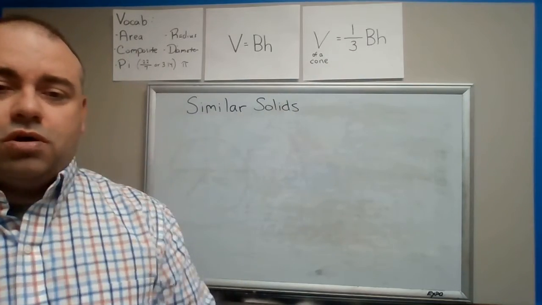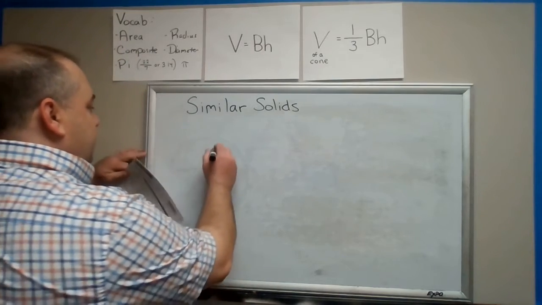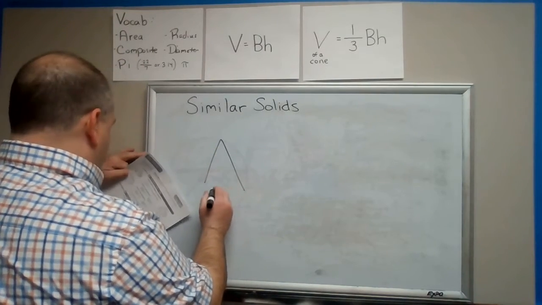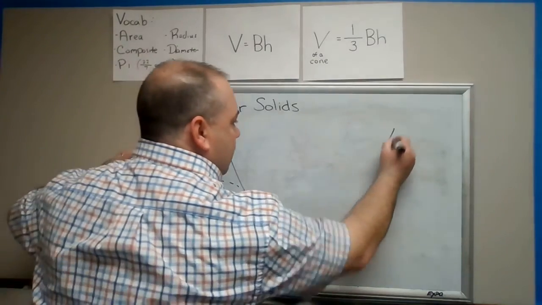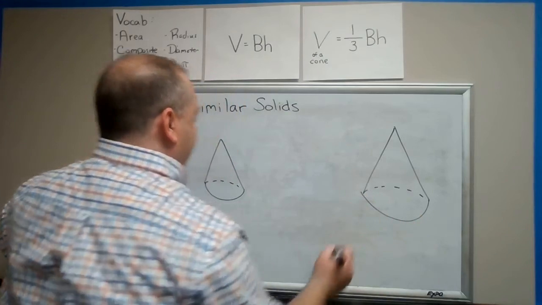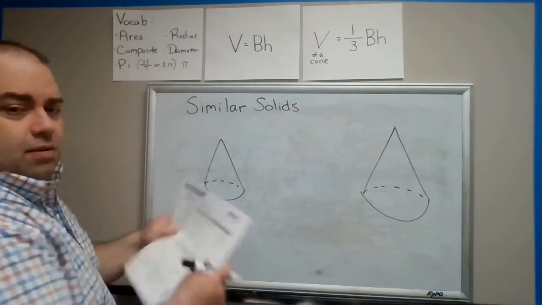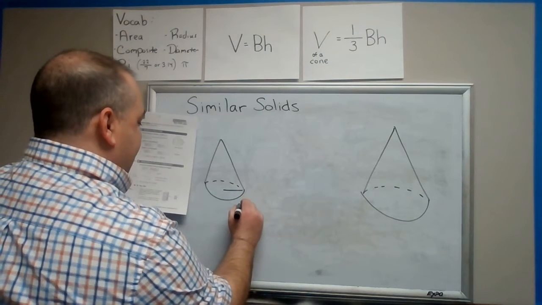So I'm going to draw 2 cones, and my cones sometimes look funky, so just bear with me. My first cone is going to be this one, and my second cone is going to be right here. Okay, so let's get some labels here. I'm using the sheet so I can get my correct numbers. Right here I got 5.